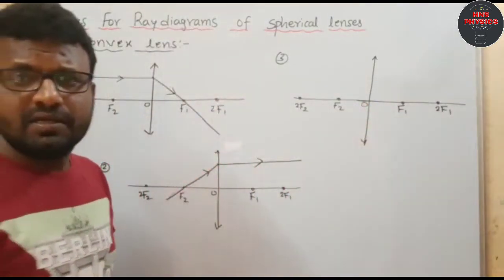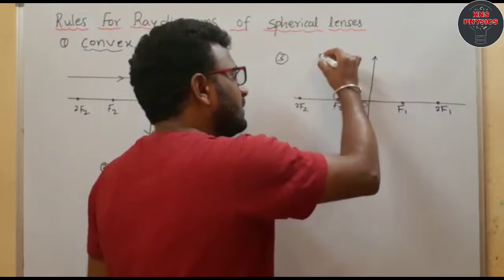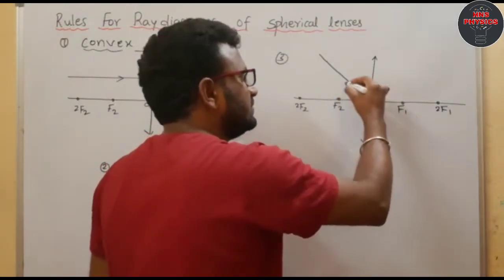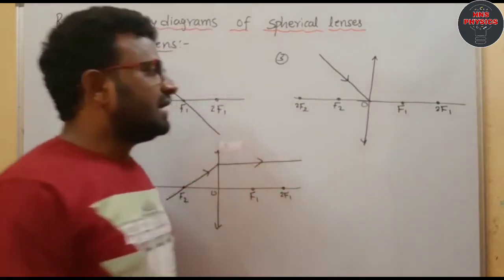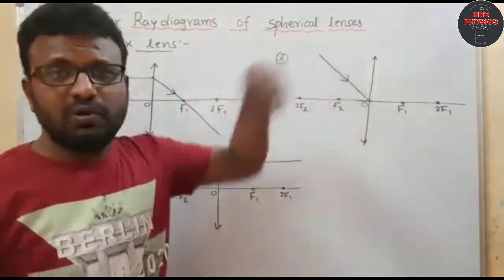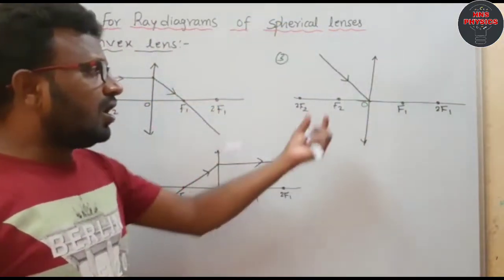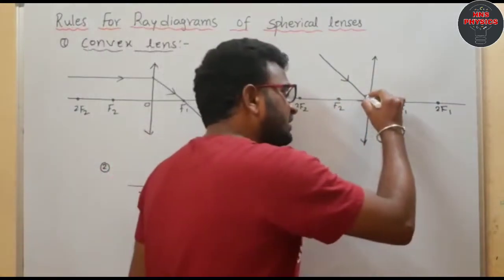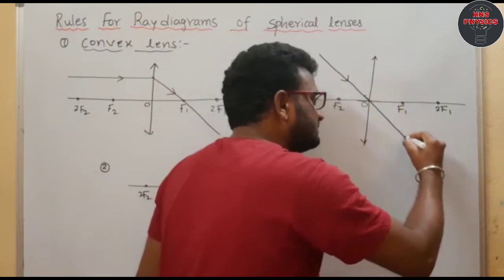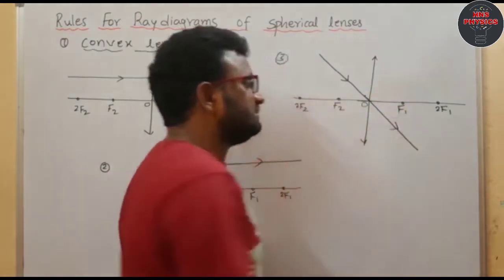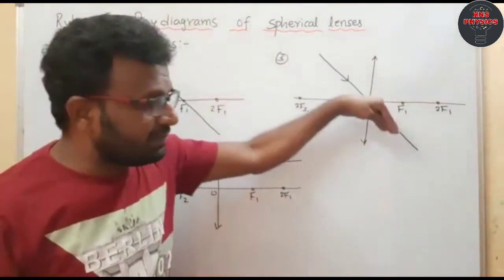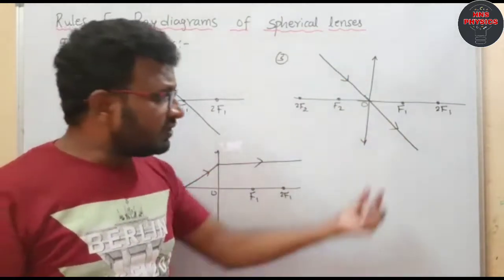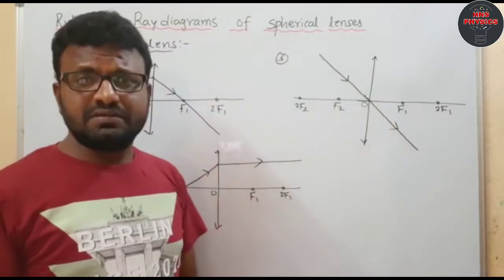Here, if any ray of light initially passes through the optic center, after the refraction, the ray emerges from the lens without any deviation.